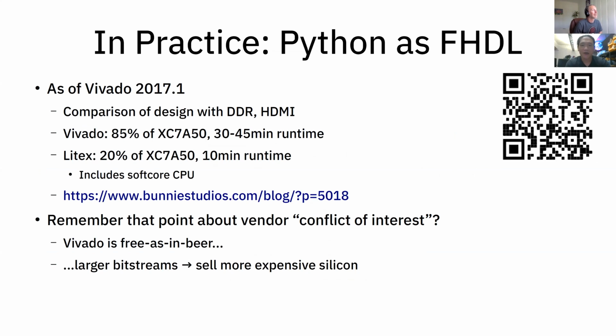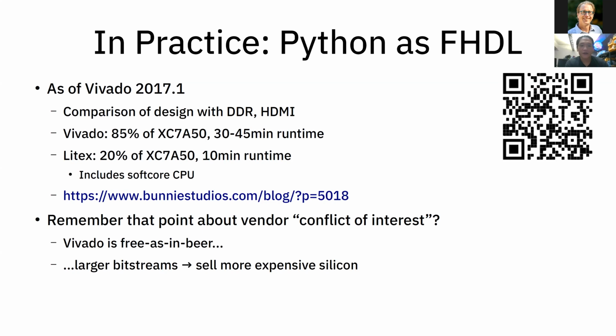I did a runoff a couple years ago where I took a design that has a DDR core and an HDMI interface on it. I built it in Vivado using its system level, vendor specific tools, and I built it in Litex using its native IP.